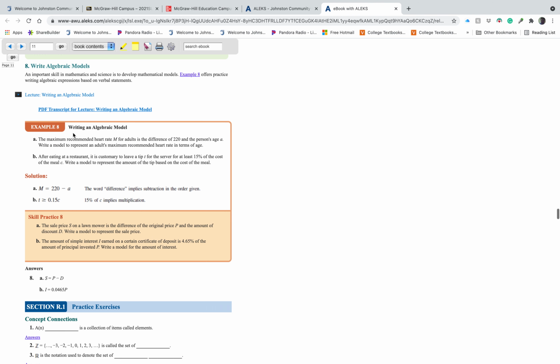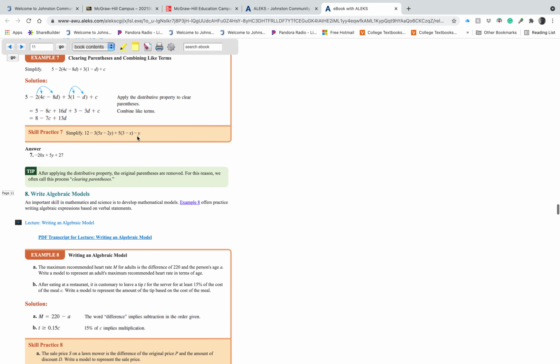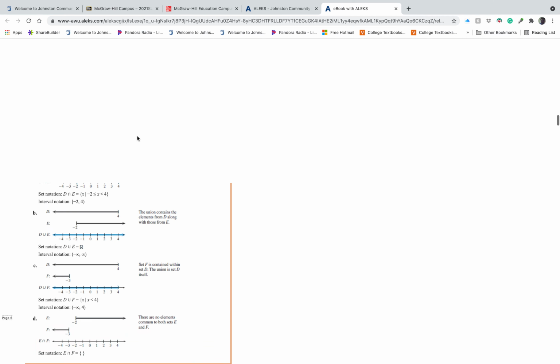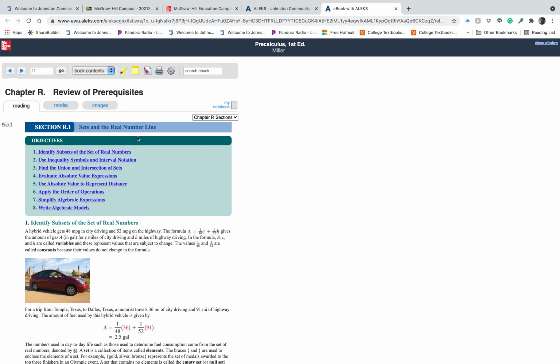On page 11, you're looking at algebraic models. Regardless of whether you get a hardbound book or just an ebook, which is already integrated into the system, it's going to have the exact same set of materials. And our introductory chapter is going to be chapter R.